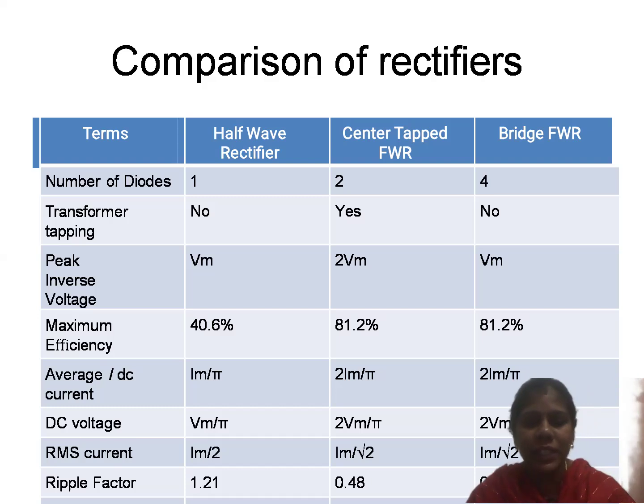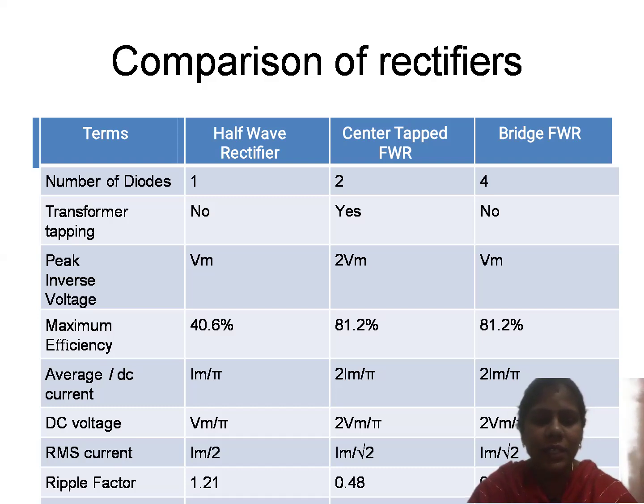Next, the DC voltage is given as Vm by pi, where Vm is the maximum voltage and Im is the maximum current. For the center tapped, as it is conducting for both cycles, the DC voltage is taken as 2Vm by pi, and for the bridge also it is 2Vm by pi. Next, RMS current. The RMS current of the half wave rectifier is given as Im by 2.